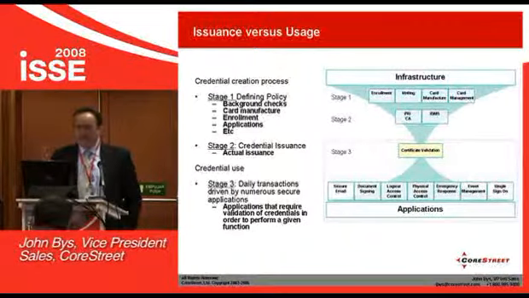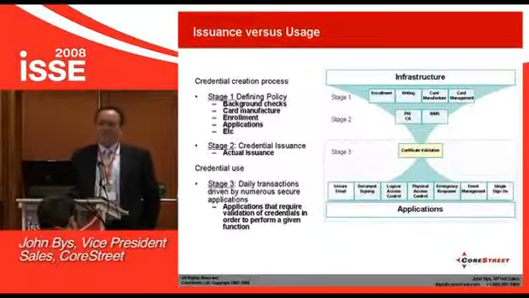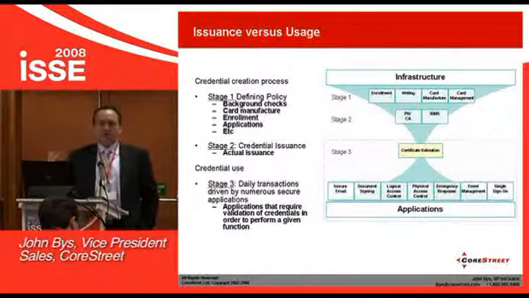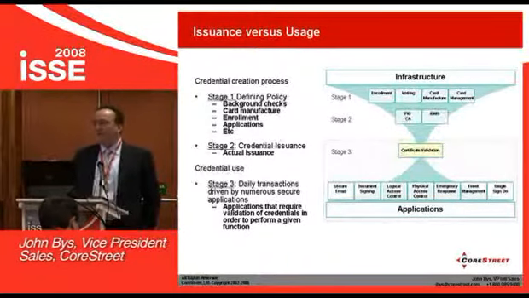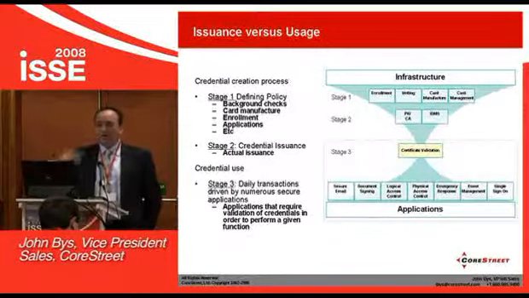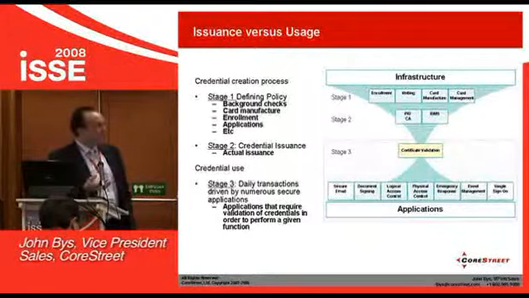An old IT term that I think we're all familiar with: garbage in, garbage out. So the idea around defining policy is to make sure that you've got clean data coming into your system, so that as you move into actual issuance and usage, you've established something where you don't have to look over your shoulder and wonder, is this still working right? You create good policy on the front end, and that means you've got a program that you can build upon.